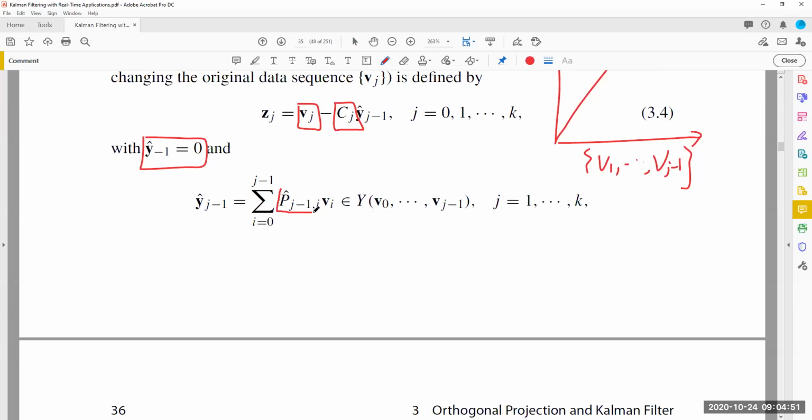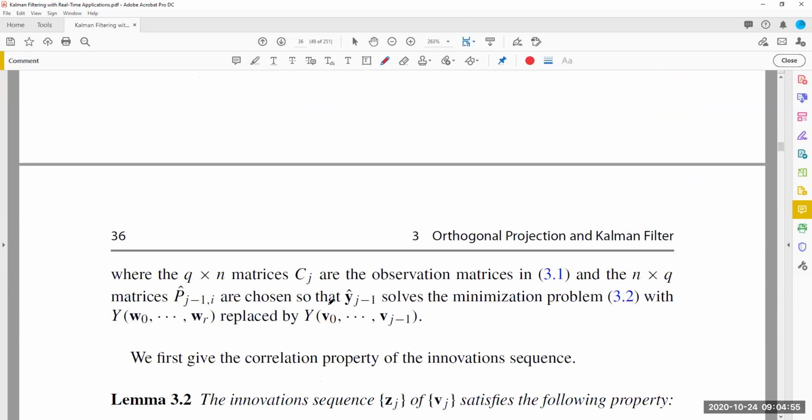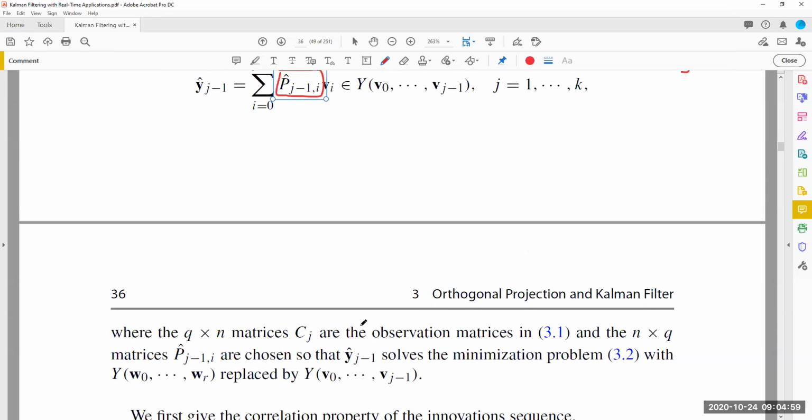Then what is the matrix P hat? So P hat is chosen so that y hat j minus 1 solves the minimization problem 3.2, but with the W0 until WR replaced by V0 until Vj minus 1.